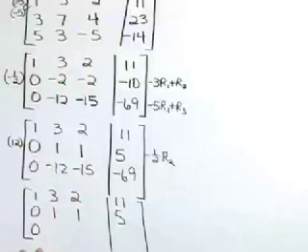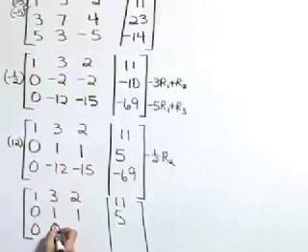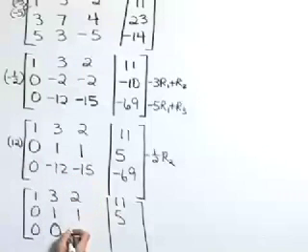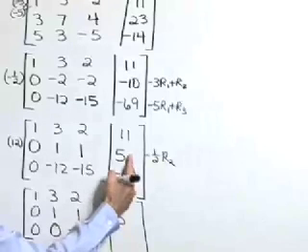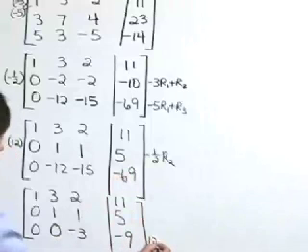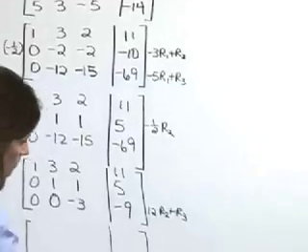That doesn't affect column 1. 12 times 1 is 12, plus a -12 is 0. 12 times 1 is 12, and a -15 is a -3. 12 times 5 is 60, plus a -69, that gives a -9. That came from 12 times row 2 plus row 3.